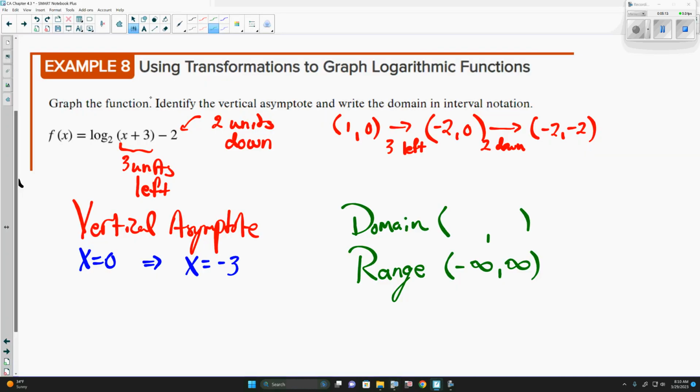So the biggest number that we can have is infinity. And the smallest number is going to be whatever the vertical asymptote is, so -3. If it had gone to the left, it would have been -infinity to -3 if we're graphing it to the left. But that's it.